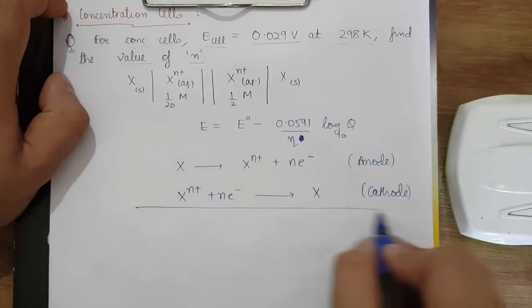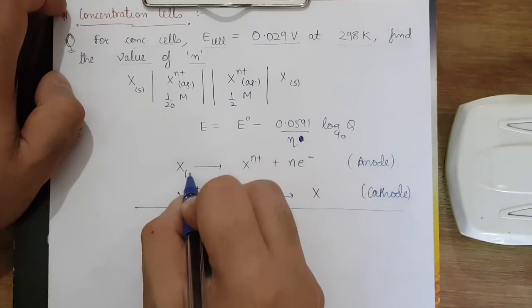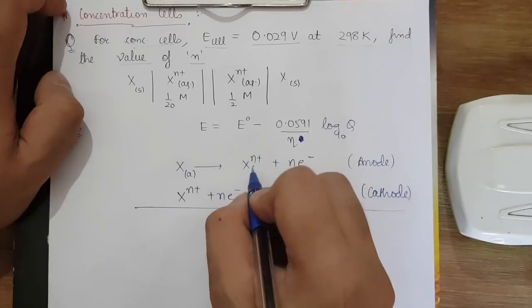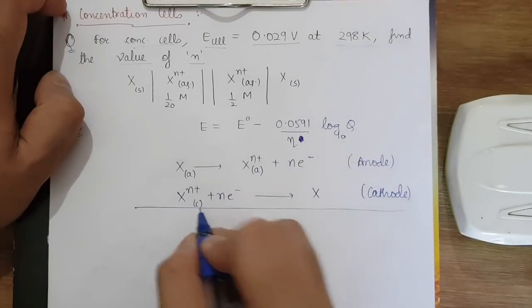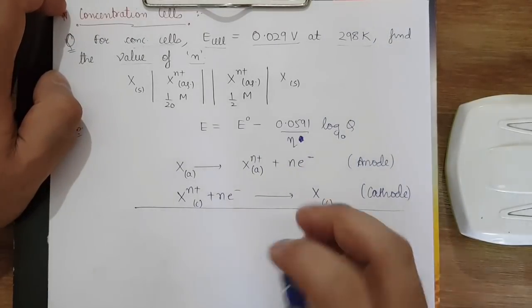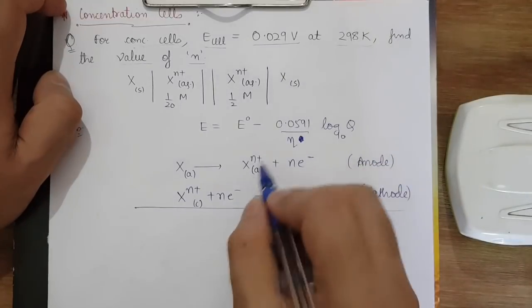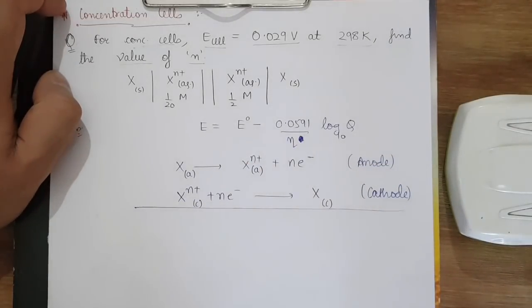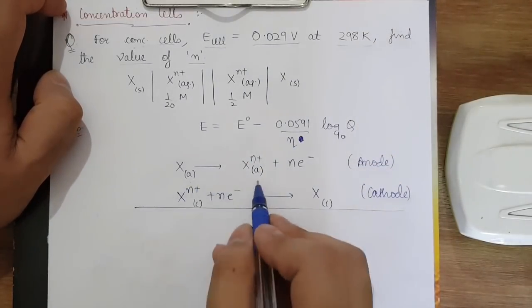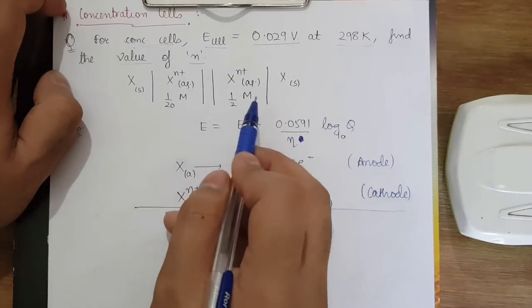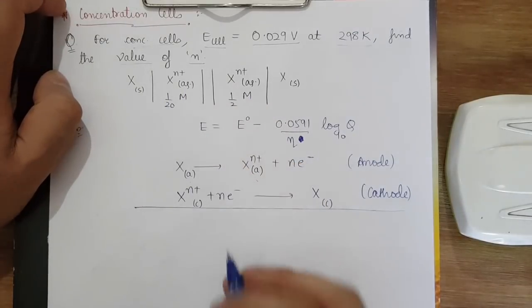What is the total cell equation here? This is the X at the anode, and this is at the cathode. What many people do is cancel out each and every term after adding, but that is totally wrong, because anode and cathode make the difference, as you can see from the concentrations here.